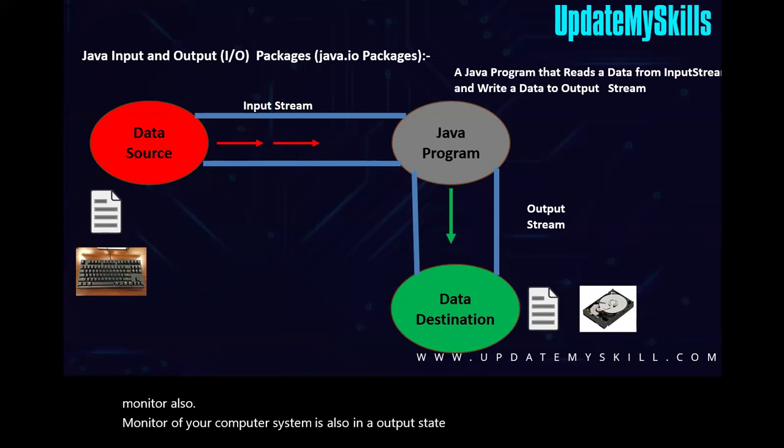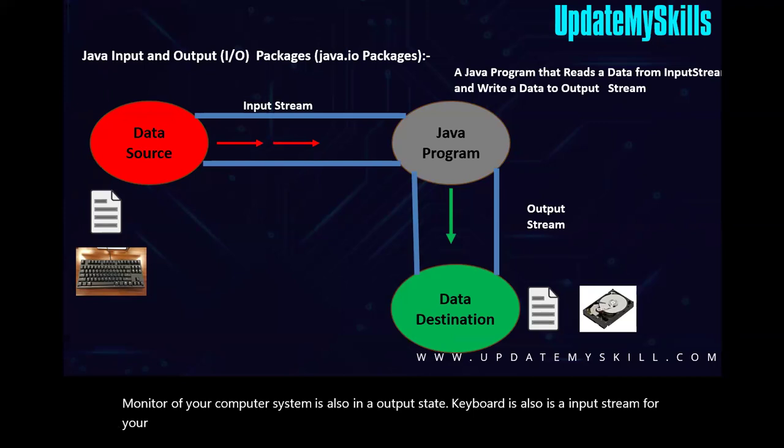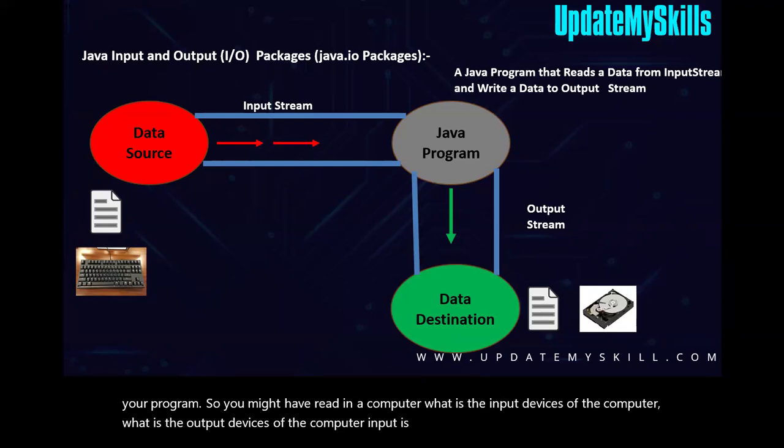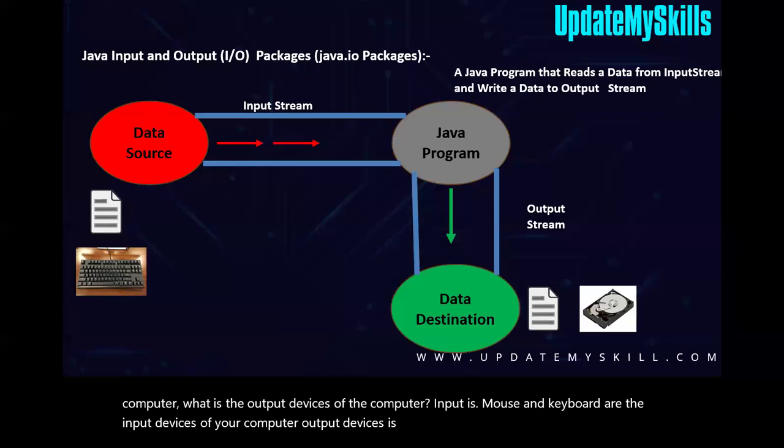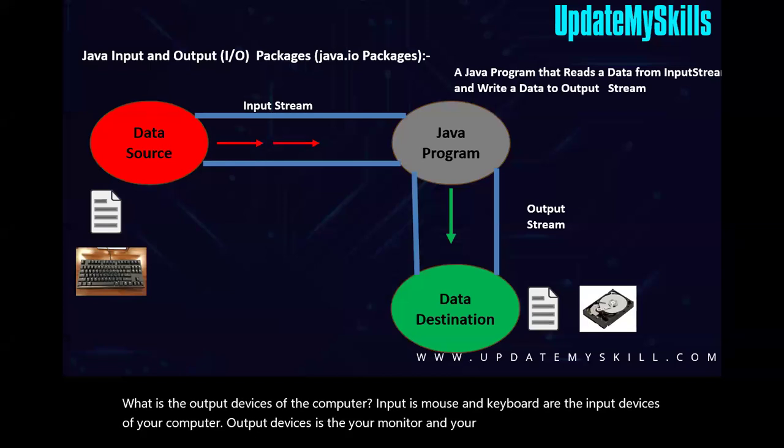The keyboard is also an input stream for your program. You might have read about the input devices of a computer and the output devices. The mouse and keyboard are the input devices of your computer. Output devices are your monitor, and your printer is also an output device.